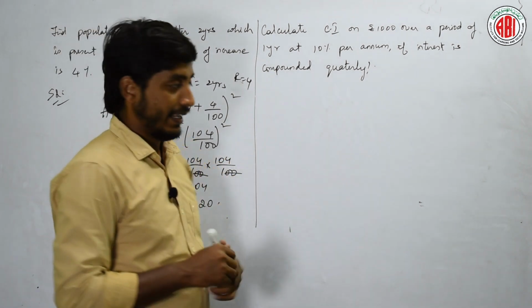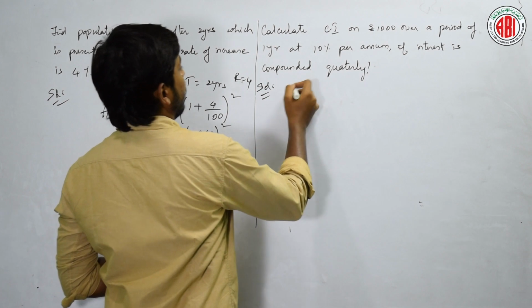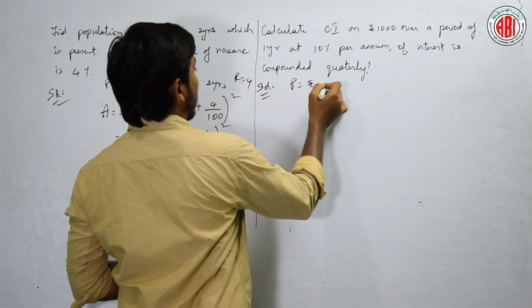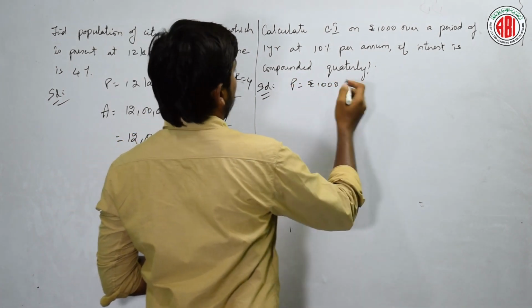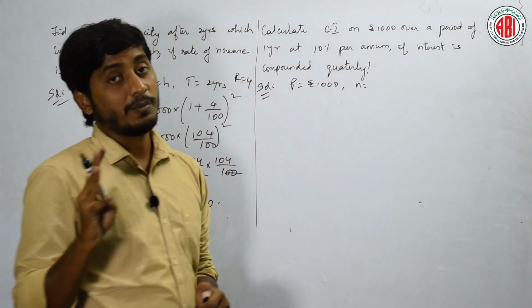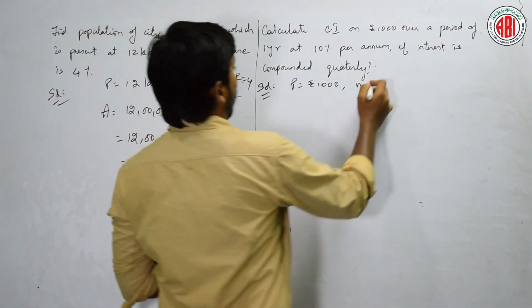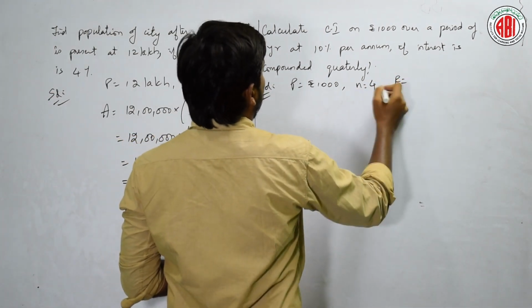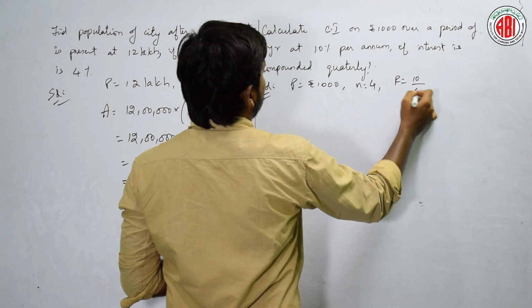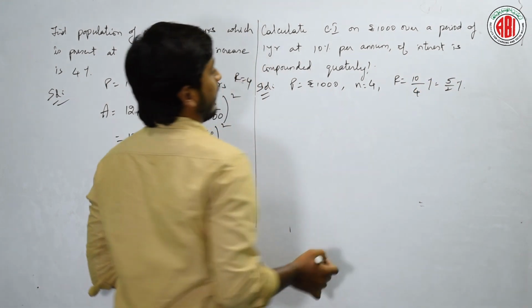First, what is principal? 1000. And what is time? For 1 year compounded quarterly, we have to take 4 quarters, therefore n will be 4. Then what about rate? Out of 10% we have to divide it by 4, that is 5/2%.